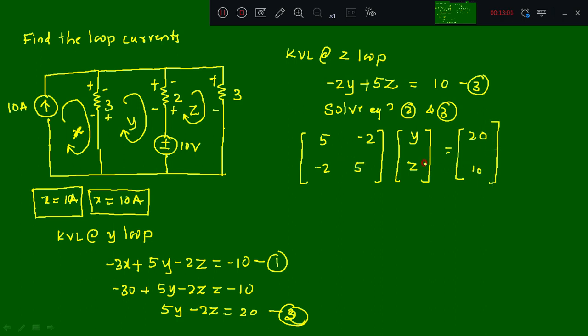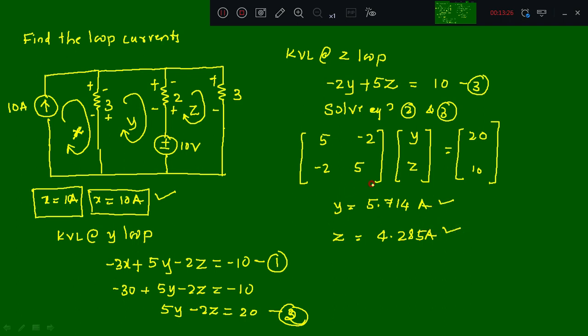Upon solving, I'll get the y value as 5.714 amperes, then the z value as 4.285 amperes, right? So I got x as 10 amperes, y as 5.714 amperes, z as 4.285 amperes.